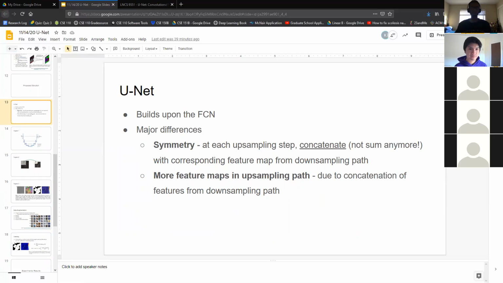I mean, the intuition for symmetry maybe is that you wouldn't normally do a convolution and just go from a lot of pixels all the way down to a very low resolution image with a lot of features in one go.